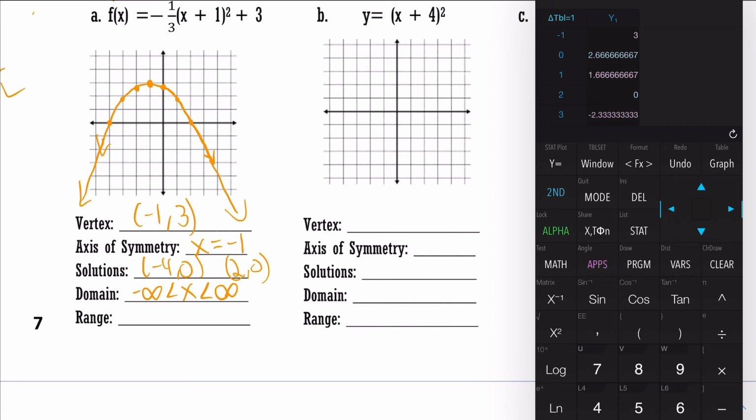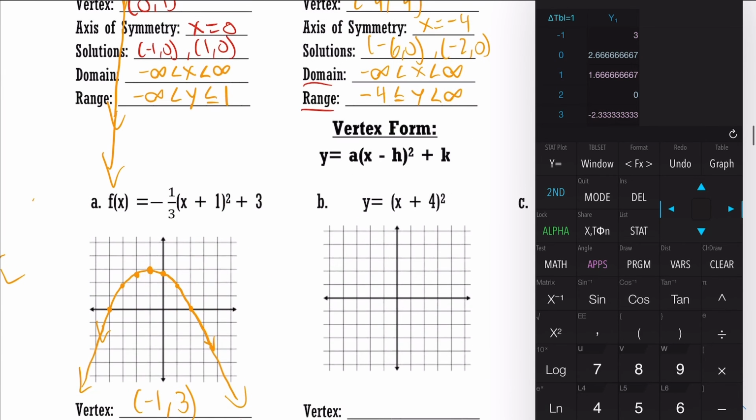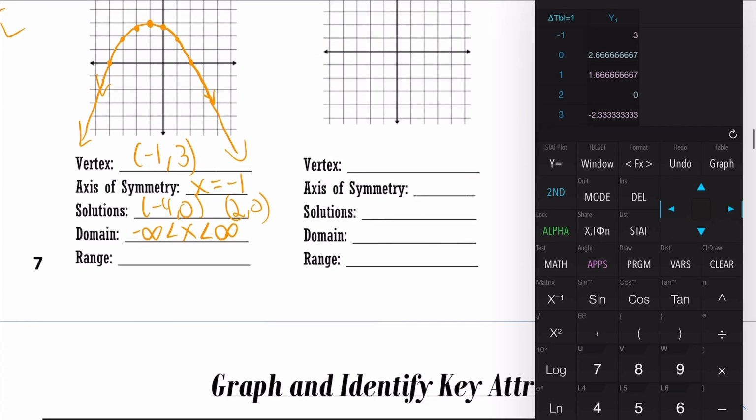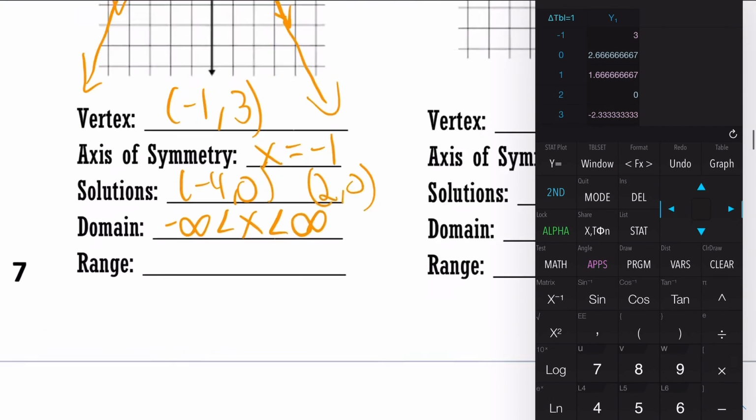The only time that would change is if you're doing a real world question or if you're doing some sort of word problem that has a specific boundary. But if we're just graphing quadratic equations and there's no situation to go with it, then this is always going to be the domain.